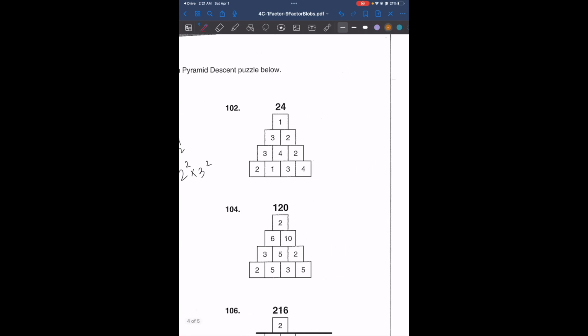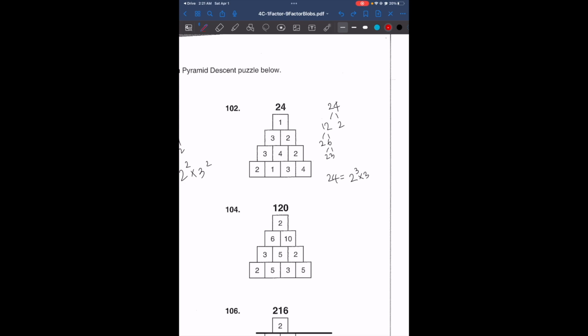For problem 102, we're going to do prime factorization of 24. So we can express that as 2 to the power of 3 times 3. So a path must go through 2 3 times and 3 once. Again, the 1 doesn't have an effect because it's multiplication.